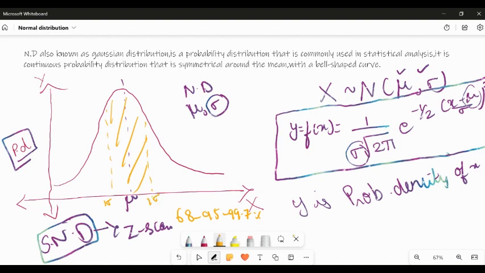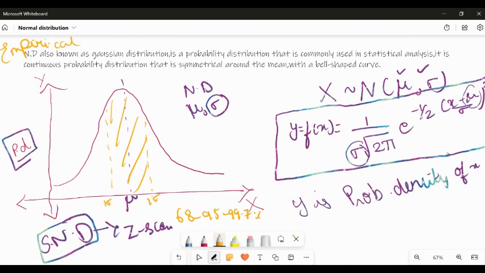Okay, one standard deviation is nothing but mu minus sigma, mu plus sigma, like that it comes. But I will be discussing that once we are completed with the SND. Before that, just something on what the empirical rule is.